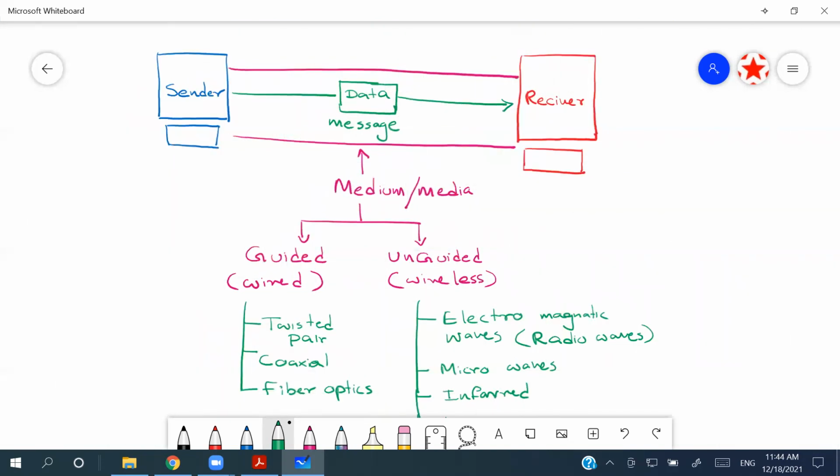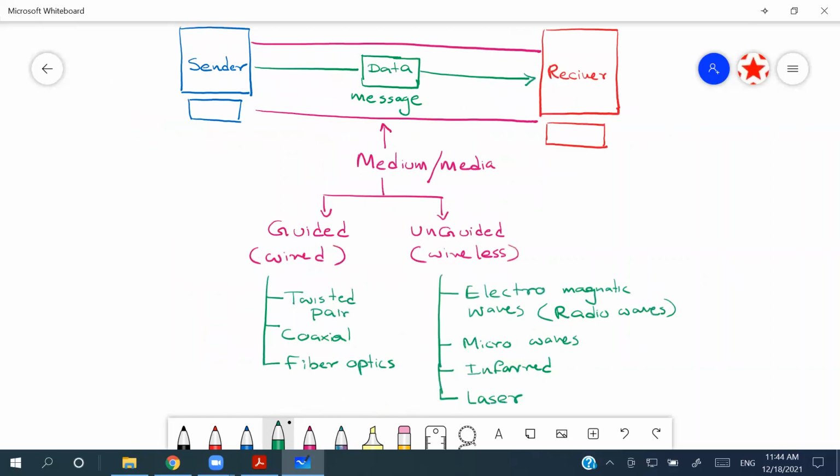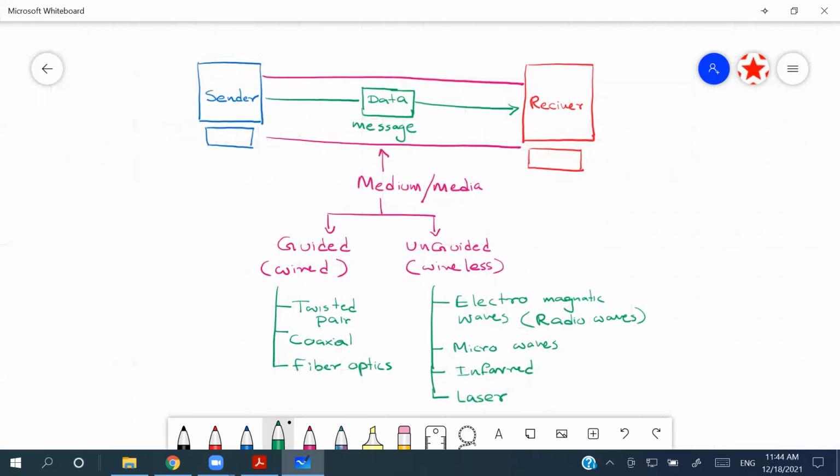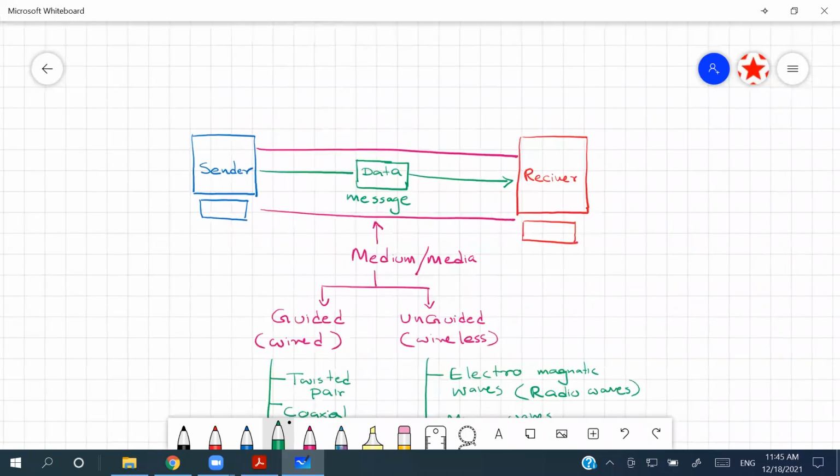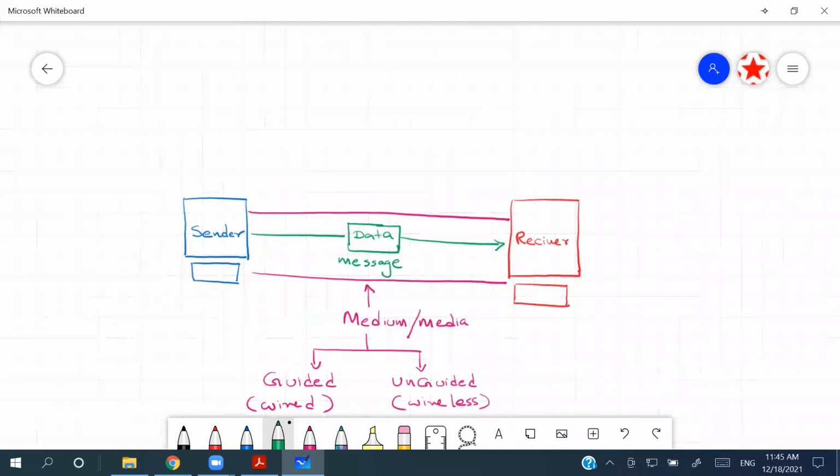There is one another component which we can't see in this communication. We can see the sender, we can see the receiver, we can see the data, and most of the time we can see the medium, either the medium or the device which provides us the medium, right? Apart from these four things, there is another one called protocols, right?